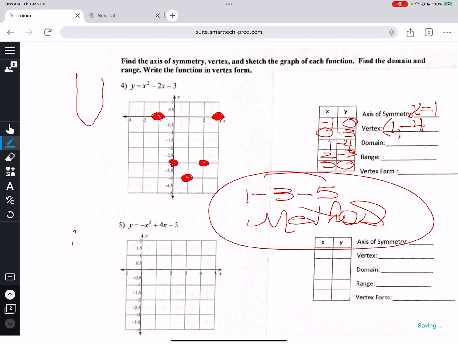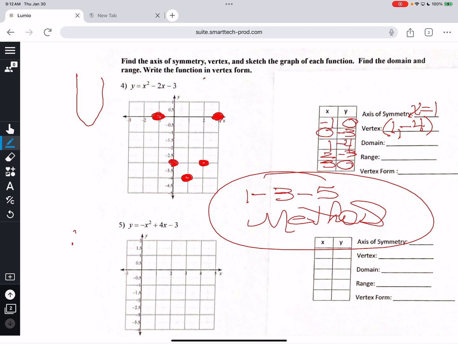Oh, the vertex form. How do you think you put this vertex information into vertex form?